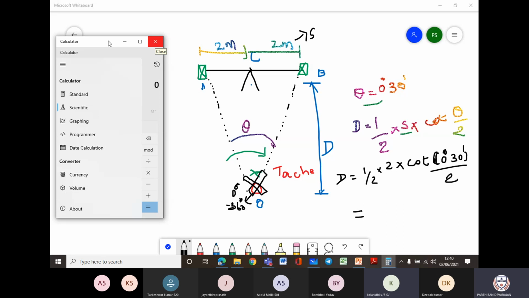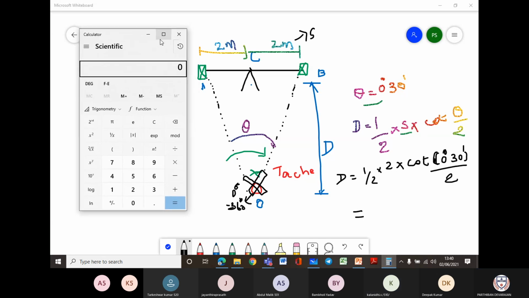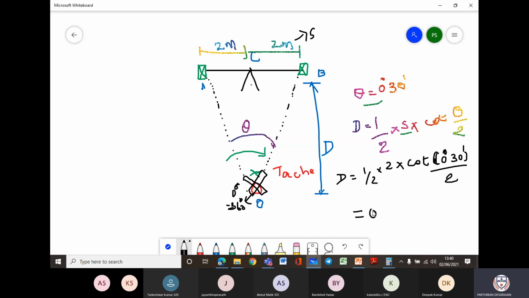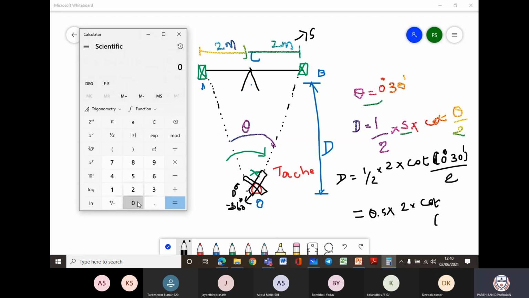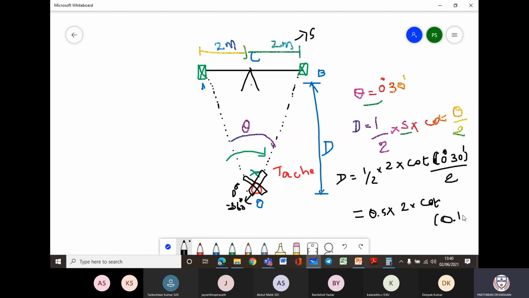Okay, so first we need to find cot of theta by 2. 1 by 2 is nothing but 0.5, into 2 into cot of 0 degree 30 minutes divided by 2. 30 minutes divided by 2 is 0.15, so cot 0.15.